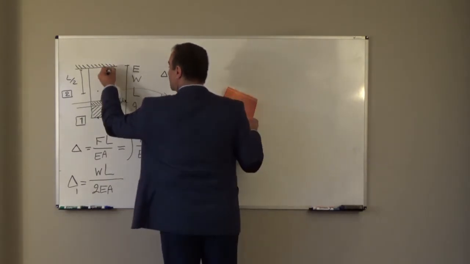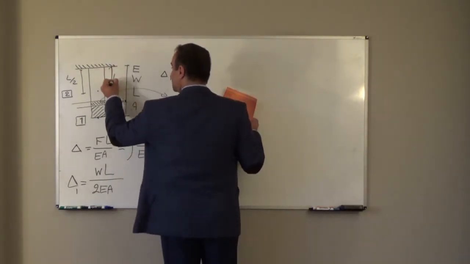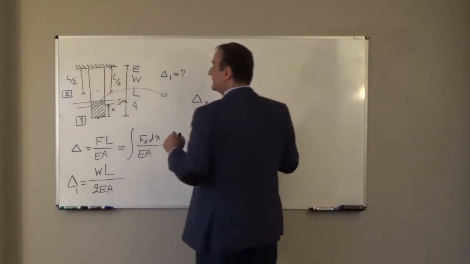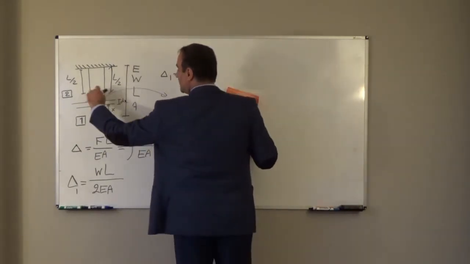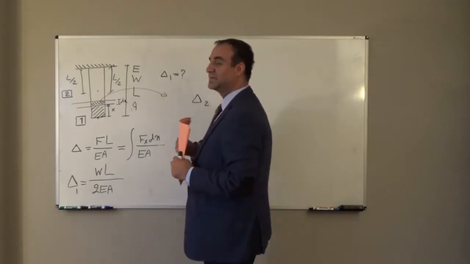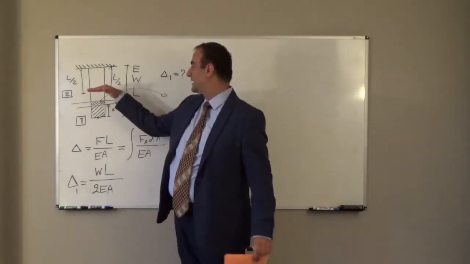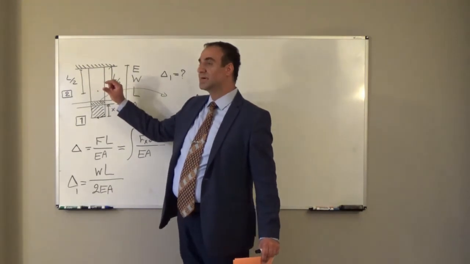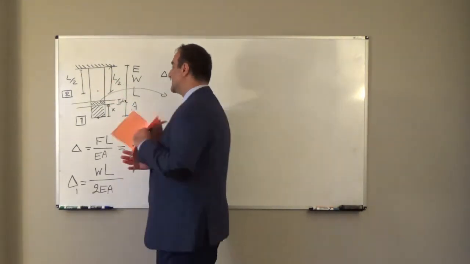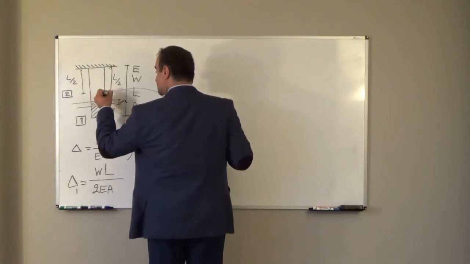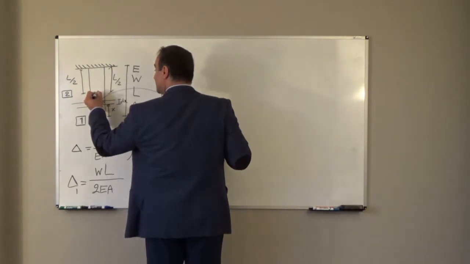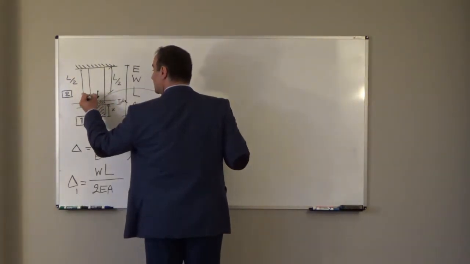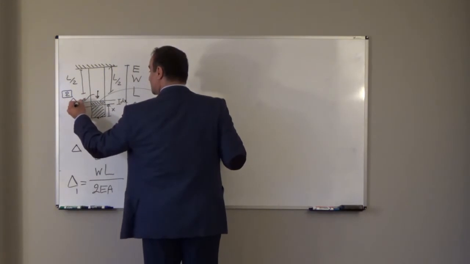Initially the deformation here is 0. After applying the self weight, that point 2 will come down. How much will it deform? How much will this point under self weight move down, which we call delta 2?